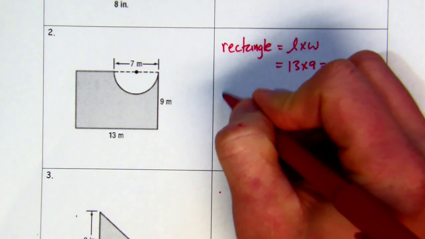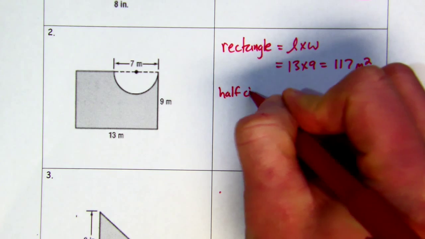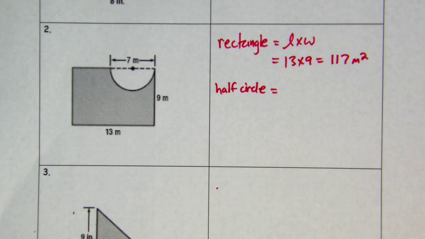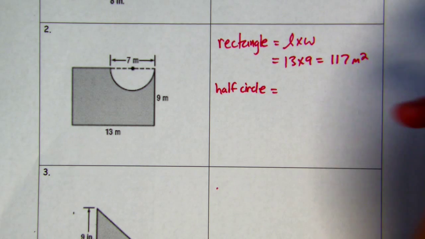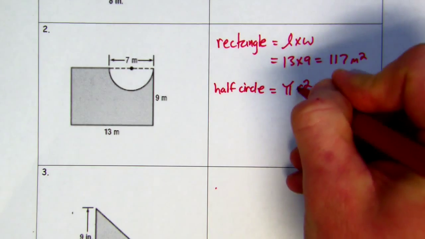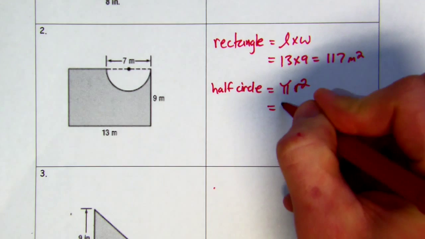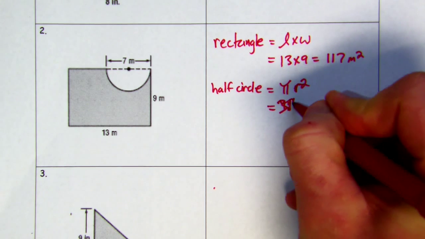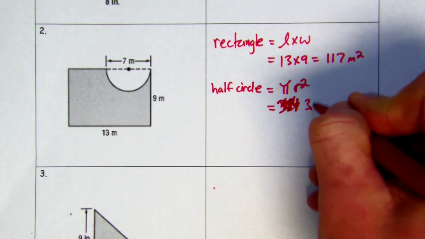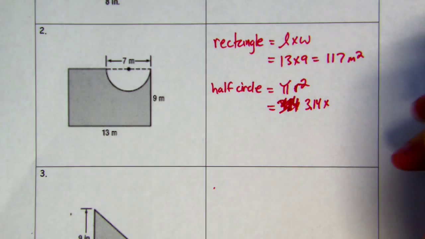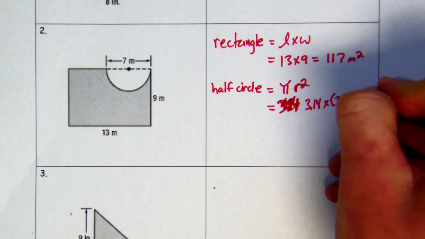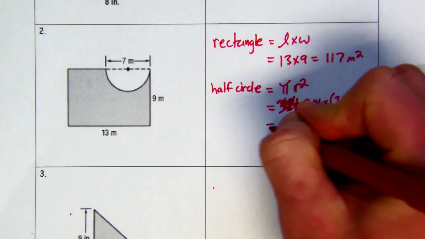Then I'm going to figure out my half circle. Okay, and I know the area equation for a circle is pi r squared. Let's find that. I'm going to do pi, 3.14, times our radius here, and that is not going to be 7, it's going to be 3.5 squared.